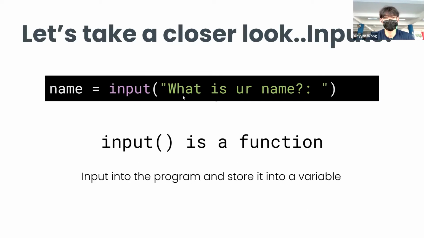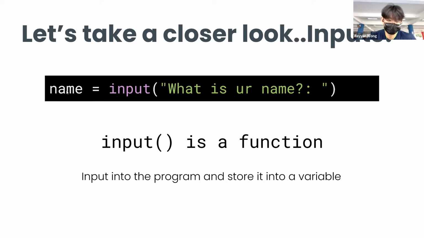Right, name equals input, what is your name? So the function we are going to learn now is the input function. What this does is it takes in whatever input you give the program, and right now we are storing whatever you inputted into the variable called name.